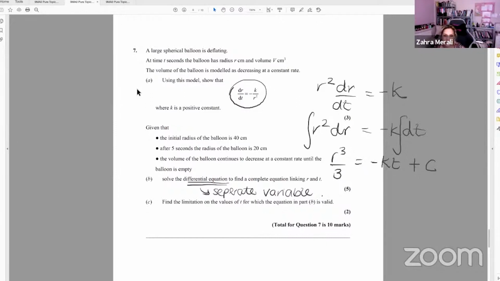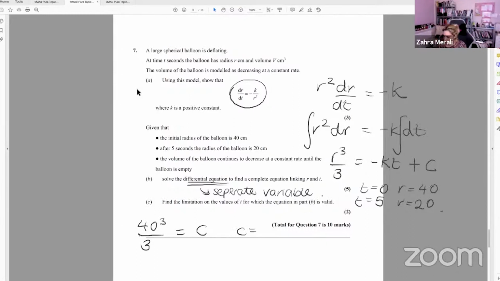They've told us the initial radius is 40, so when t equals 0, r equals 40. And when t equals 5, r equals 20, which means we should be able to work out both values.